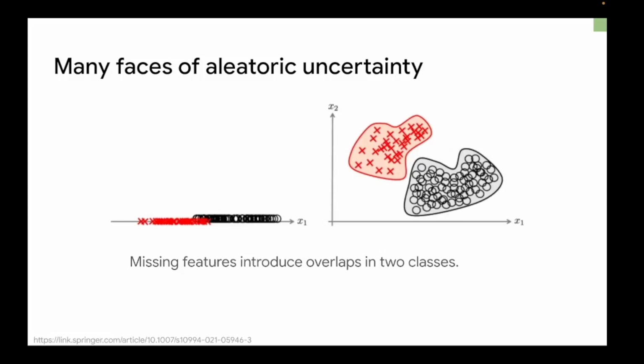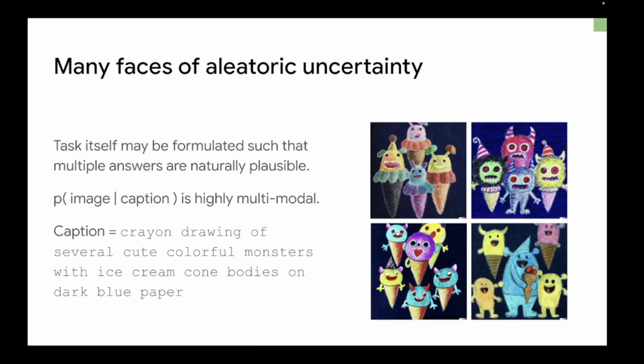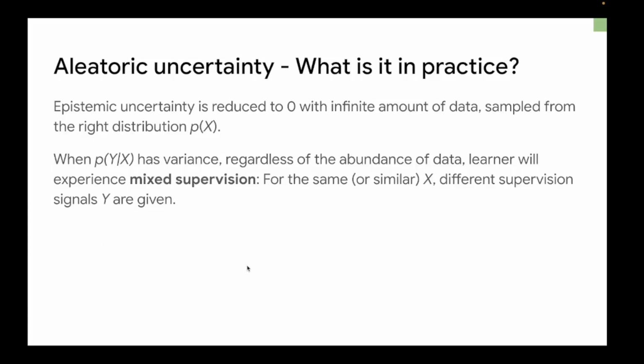In general, when there's an unobserved latent feature, for example here x2 in the left case, then the classes tend to become overlapping, even if in reality they are not overlapping, if you observe the full set of features. So this is the generative process for aleatoric uncertainty. Or maybe the task itself is by nature aleatoric. If given a single caption, there are multiple different plausible ways to generate an image.